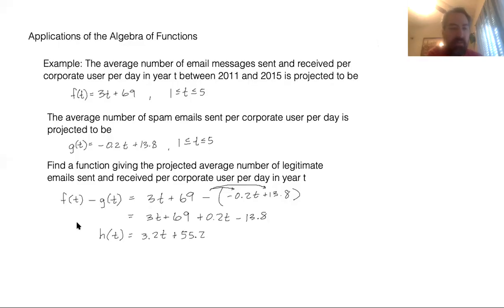So once I have this function, I can find the projected average number of legitimate emails sent and received in any given year. Right?